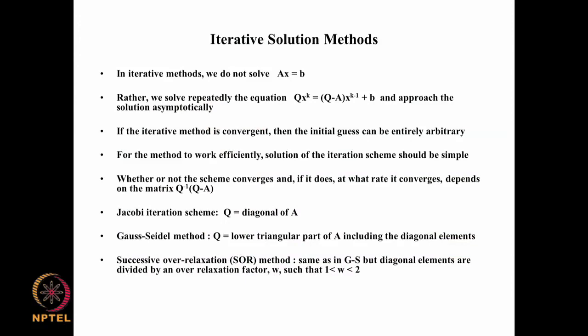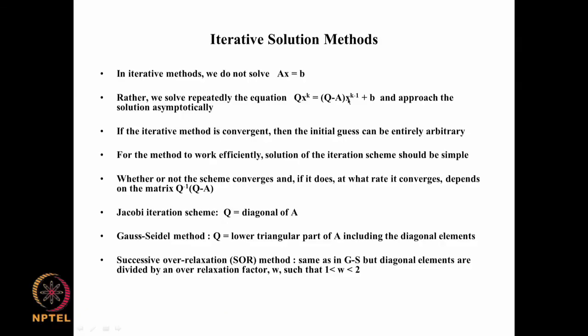In the next class we are going to work this out for some practice problems, so that we know exactly how to construct Q and how to solve this equation Q x k equal to (Q minus A) x k minus 1 plus b.